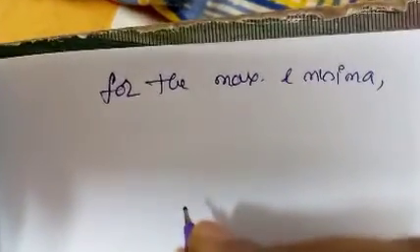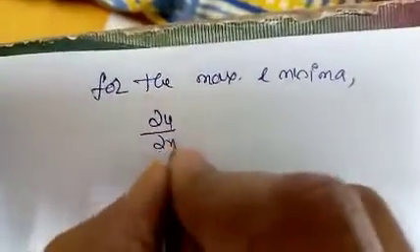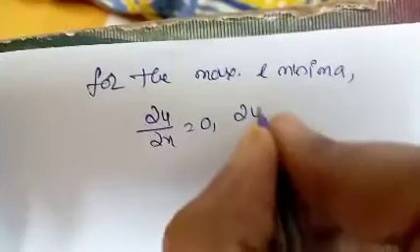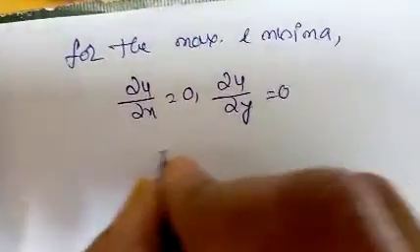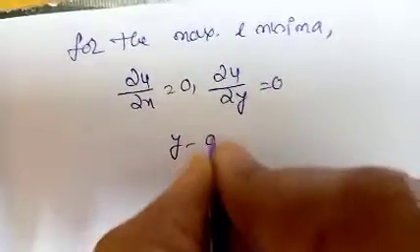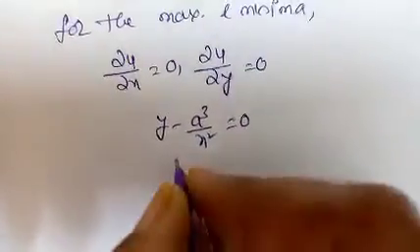For the maxima and minima, dou u by dou x equal to 0 and dou u by dou y equal to 0. So which implies y minus a cube by x square equal to 0.